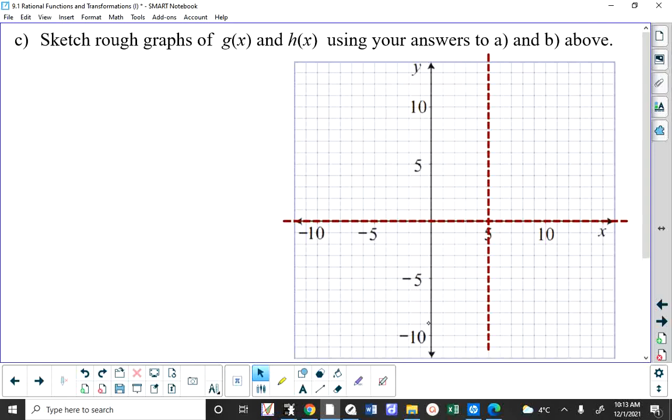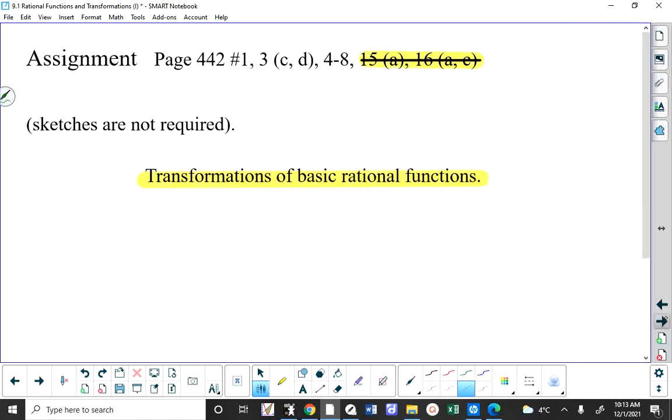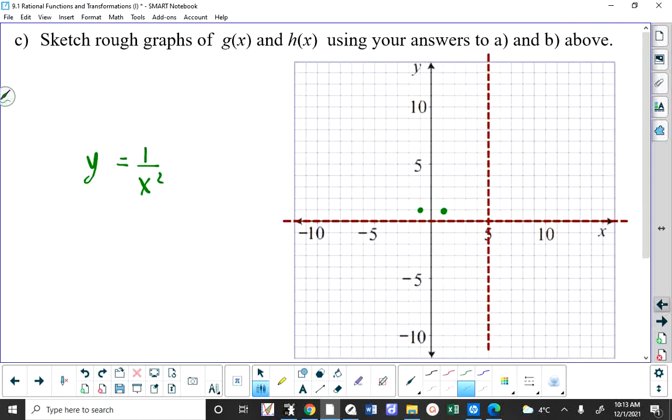Going back to the base rational function of y equals 1 over x squared, the base rational function of 1 over x squared has these two key points, and it's fairly steep. Those two key points are both 1 away from the horizontal asymptote.